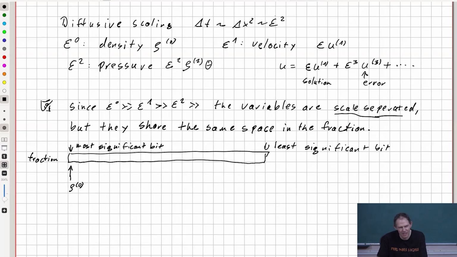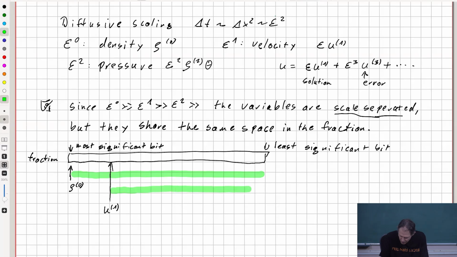So this defines our exponent, and this means it defines the first number in the fraction, yeah? And this thing is then stored. So this has all the space it needs, right? So then there is something smaller by epsilon. So this is U1, yeah? U1 is by definition smaller than rho 0. So this thing can occupy this amount of memory.